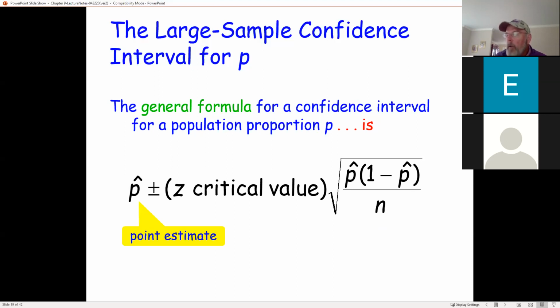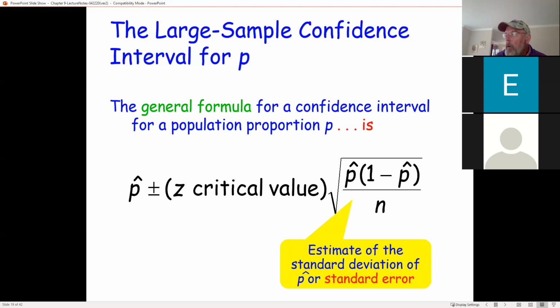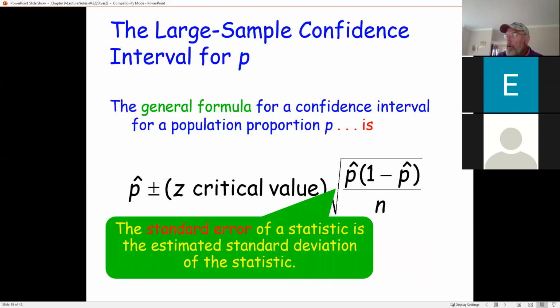So we have a point estimate. We have the standard error. Please understand that this term here has the standard error in it. The standard error is equal to the standard deviation of the sampling distribution.